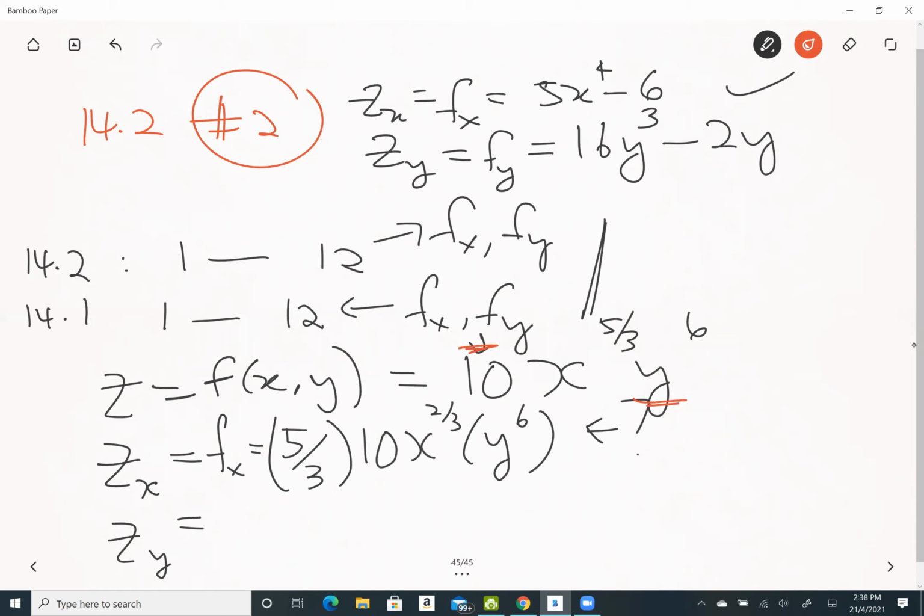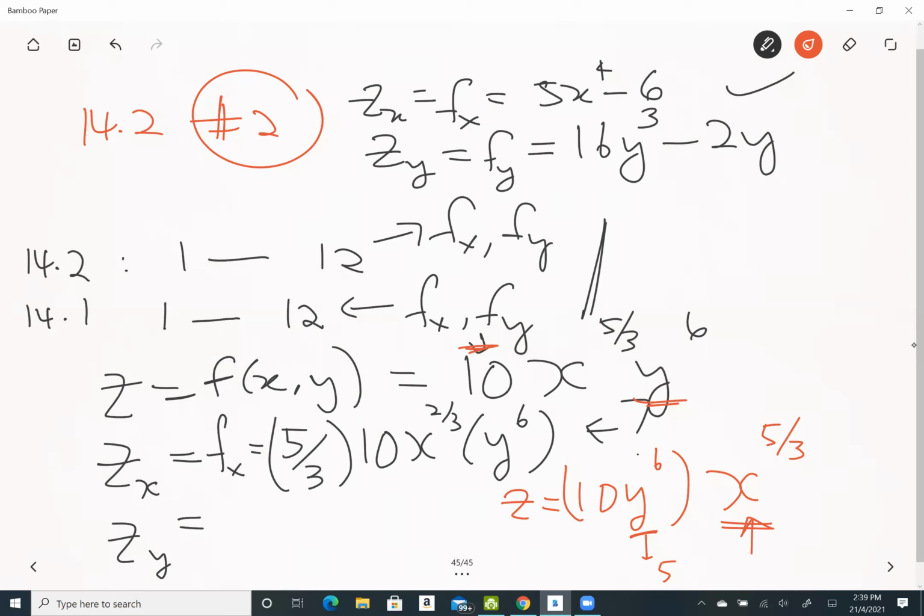You write z equal to 10 y to the power of 6 times x to the power of 5/3. Imagine y to the power of 6 is now a constant, say 5 to the power of 6. So the constants, put them together. The rule says the constant will just follow the derivative. So the variable is only x to the power of 5/3. This one is the one that you take the derivative of.